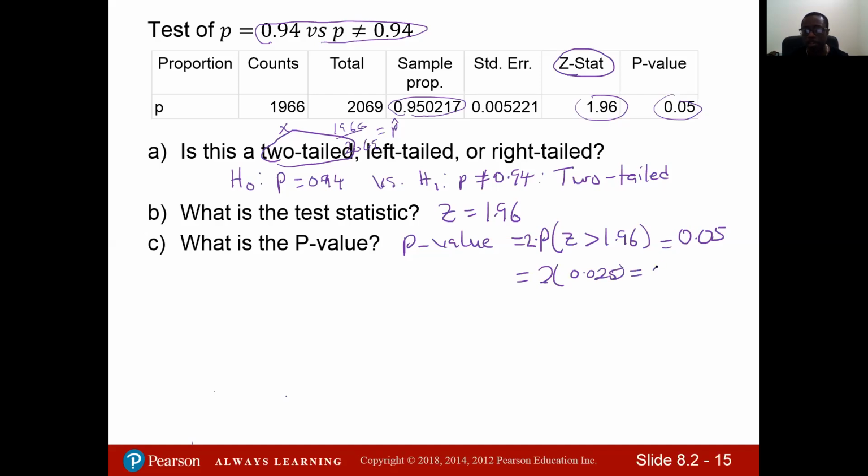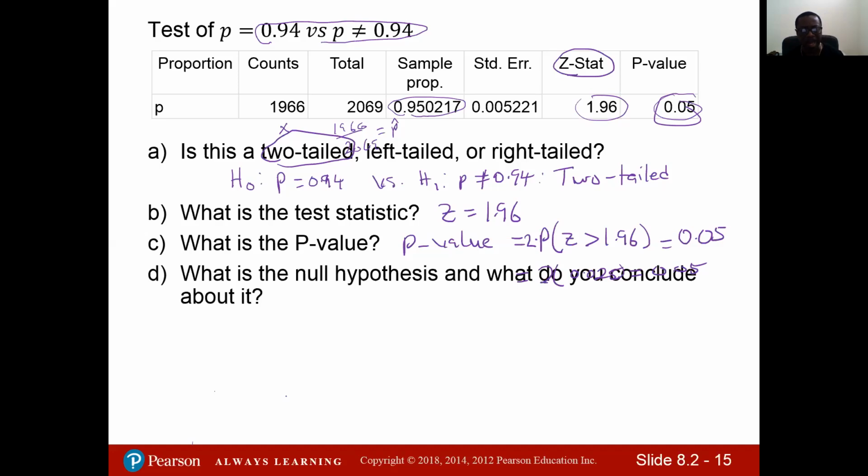And if you multiply by 2, you get 0.05. But it's given to us. So if you were to calculate it, this is how we get it. If it's a two tail and you use a table, you multiply the p-value by 2. But if you use StatCrunch, it gives you that p-value already multiplied by 2. Okay, that is that.